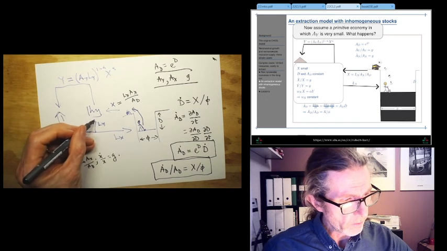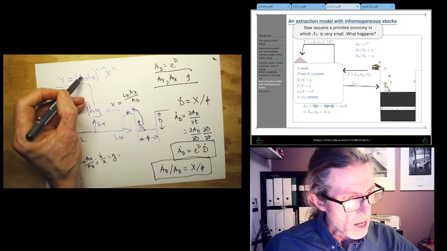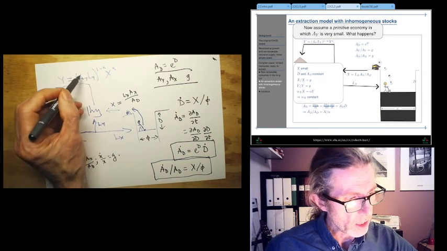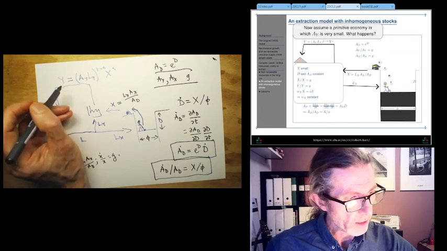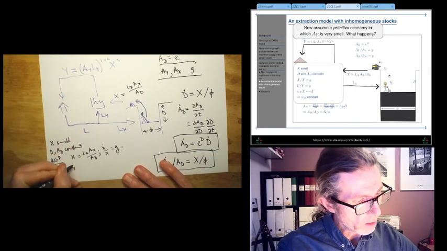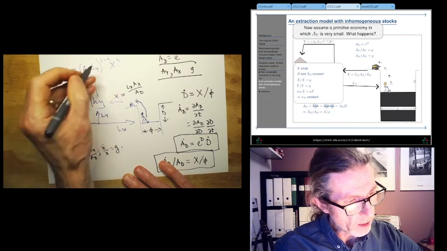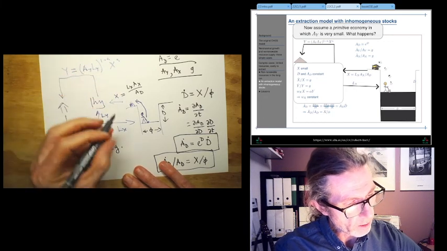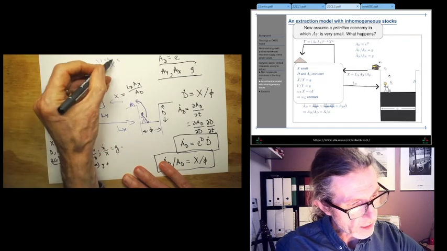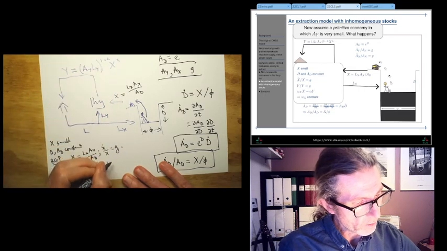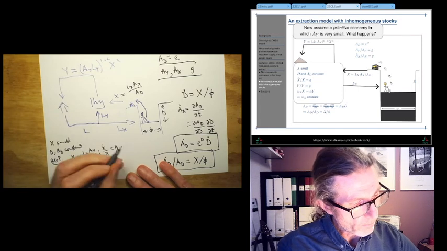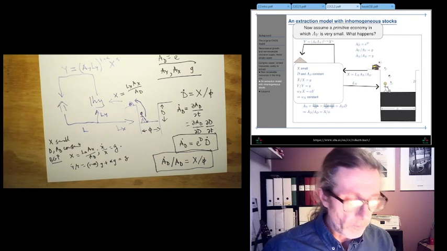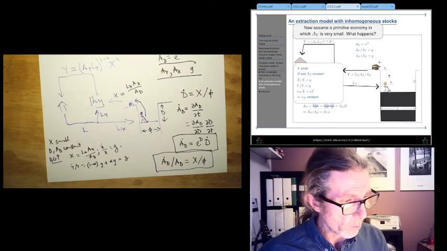LY is constant, AY is growing at G, X is growing at G, so Y is also going to grow at G, because Y dot over Y from here is 1 minus alpha AY dot over AY, which is G, plus alpha X dot over X, which is G. So, which confirms the idea of balanced growth, basically.